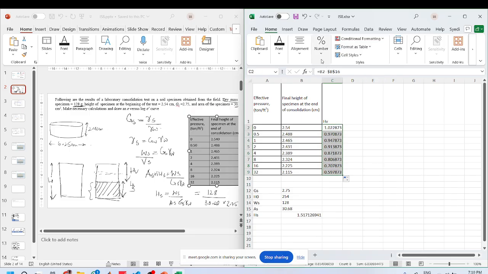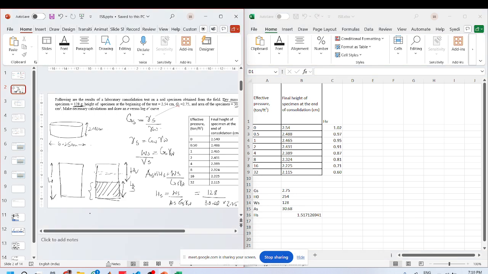So this is the volume of, basically if you multiply it by area, the volume of the sample which is available for change.